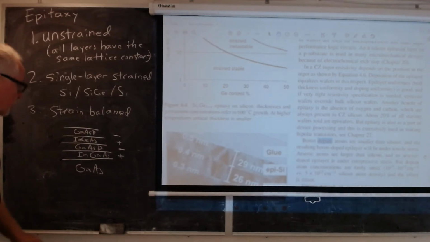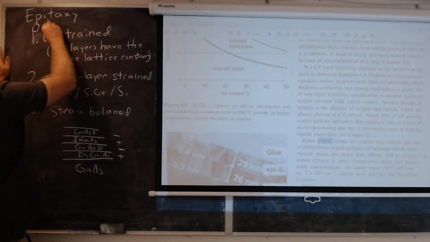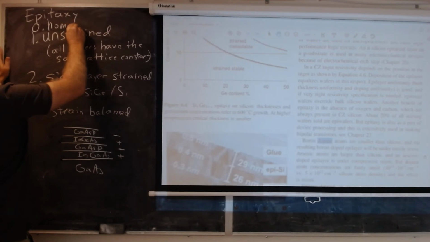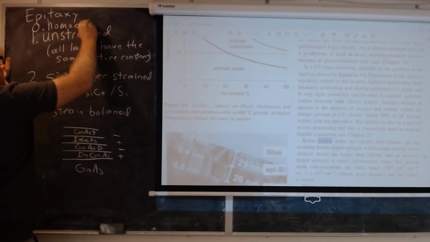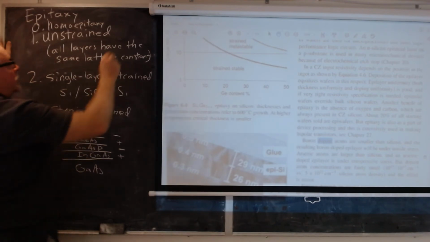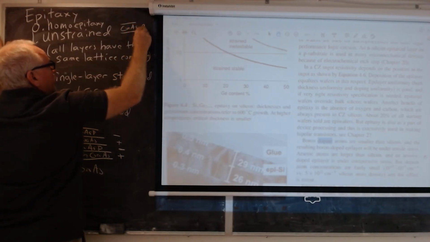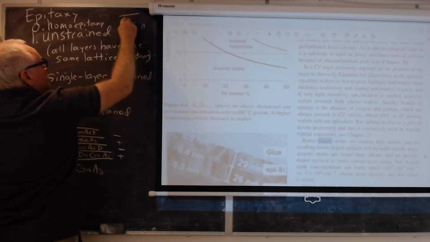I mean, these are forms of heteroepitaxy. Homoepitaxy would be, for example, to grow gallium arsenide N-type and gallium arsenide P-type.